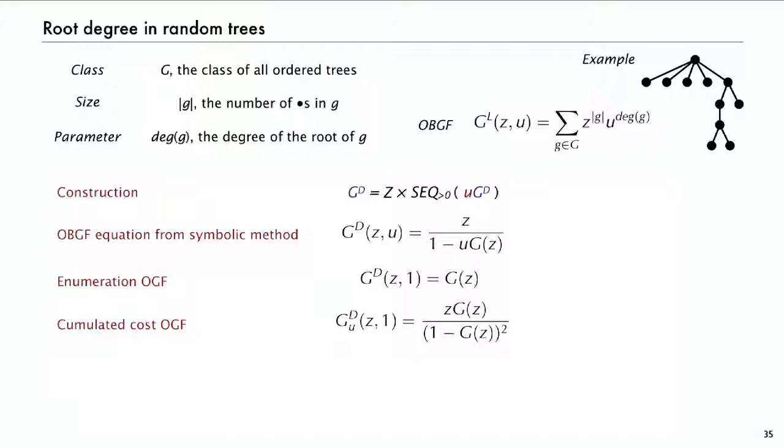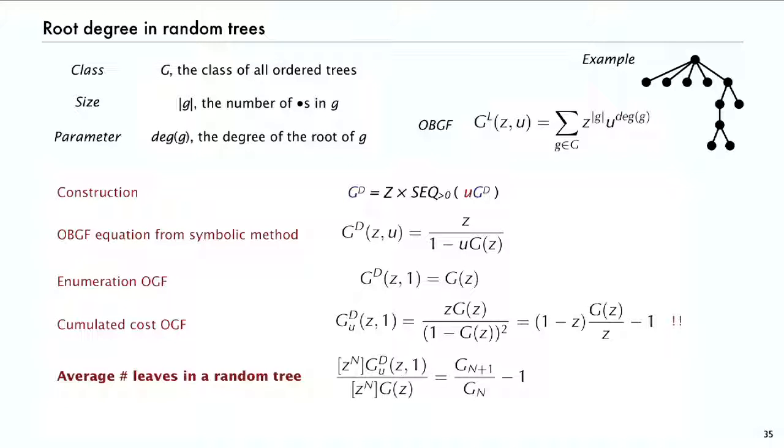If we differentiate with respect to u and evaluate at 1, we get a 1 over 1 minus g squared term, and there's a little magic calculation here as well, having to do with the fact that g of z has this special generating function 1 minus square root of 1 minus 4z over 2, and extracting coefficients gives the result that the average root degree is g_n plus 1 over g_n minus 1, which is the ratio of the Catalans. There's a little bit of calculation.